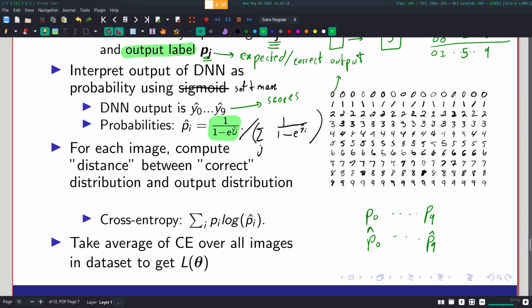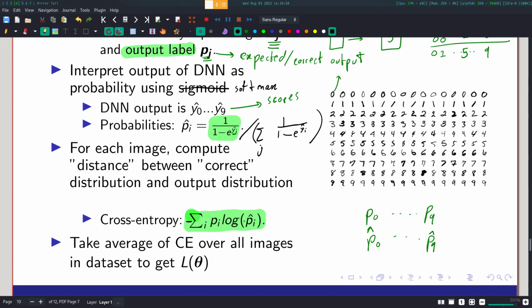What we use is called cross entropy, which comes from information theory. Sorry, again there will be a negative here. This value will get minimized if your output distribution matches the correct distribution.